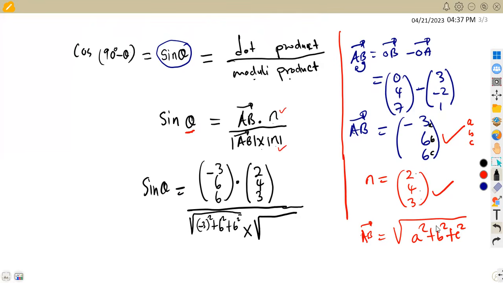Just like a squared, b squared, c squared, this is going to give us 2 squared plus 4 squared plus 3 squared. So this is what you're going to have as the moduli product of the two.